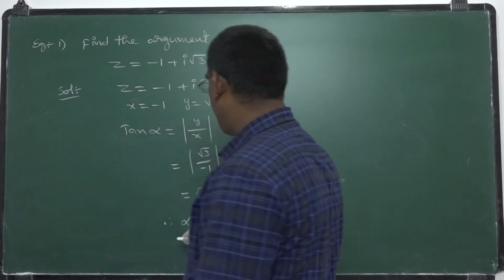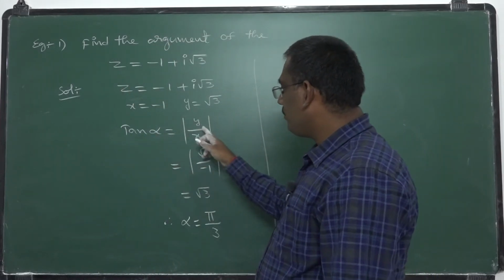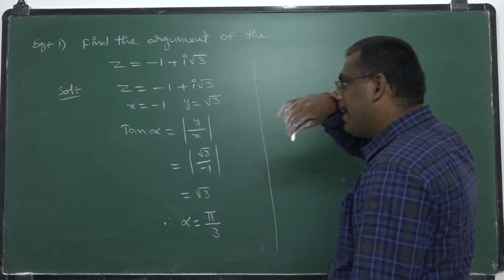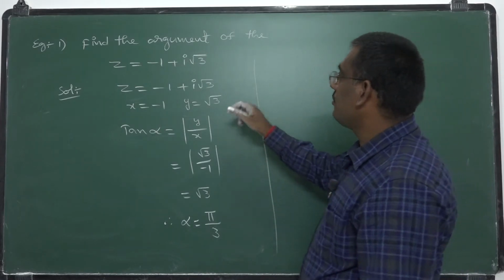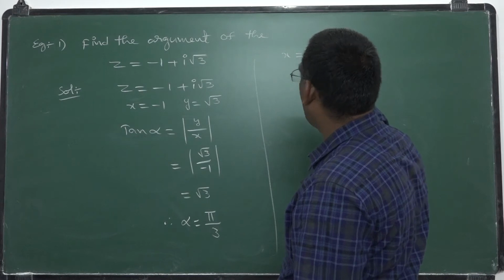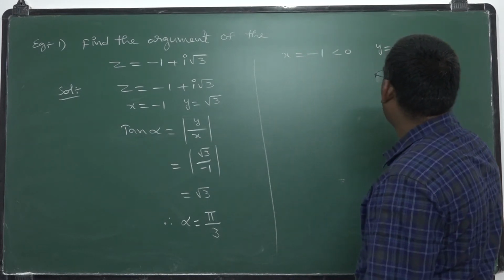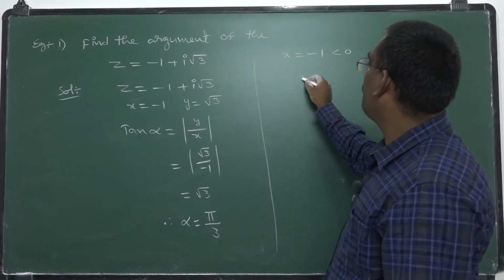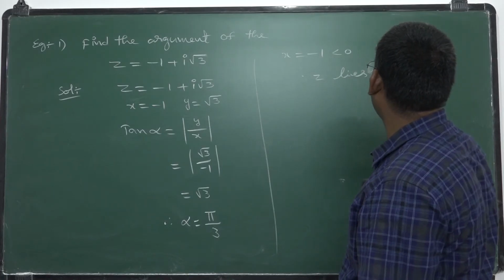So the first step is completed. From the equation tan alpha equal to modulus of y by x, we get the value of alpha. Next, find the quadrant in which z lies. Clearly x equal to minus 1 is negative and y is positive, therefore z lies in the second quadrant.